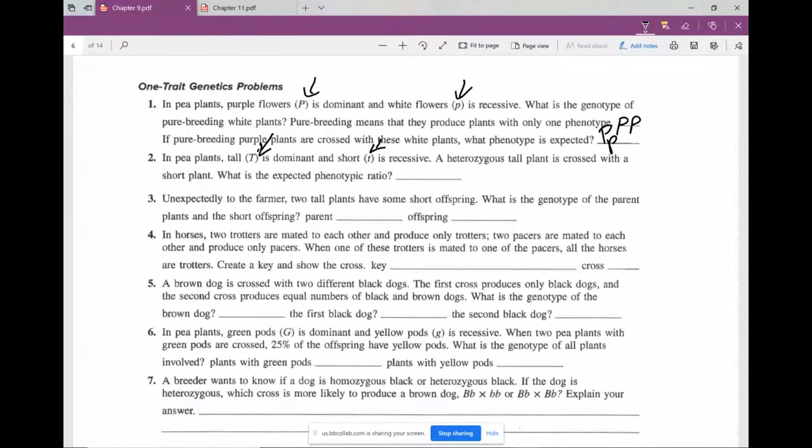A heterozygous tall plant, that means big T, little t, is crossed with a short plant, little t, little t. The only way the plant can be short is if it's homozygous recessive. So it's little t, little t. So in this case, you get big T, little t, and big T, little t. Half will be heterozygotes, and half will be recessive.